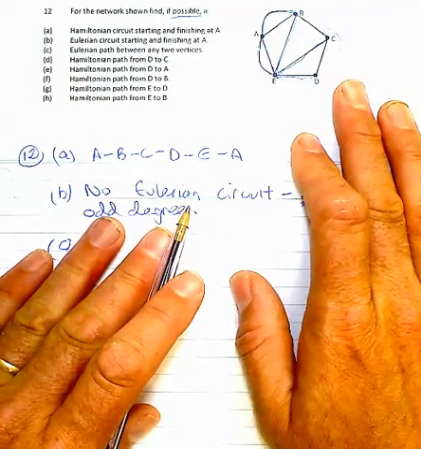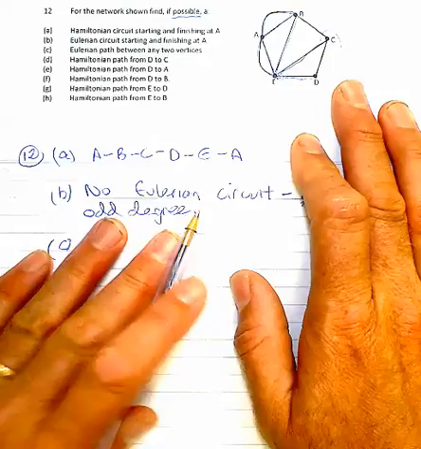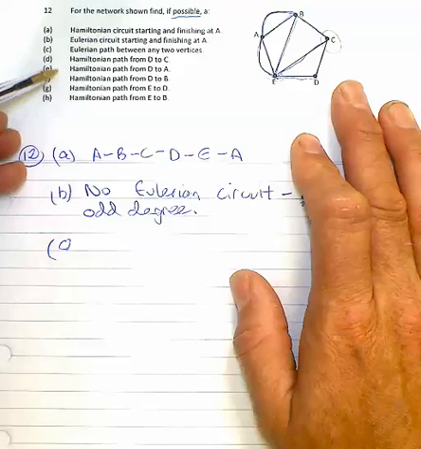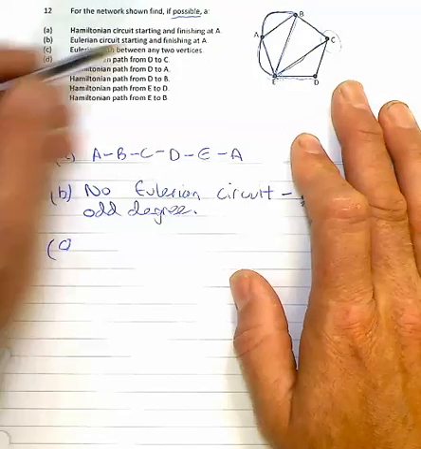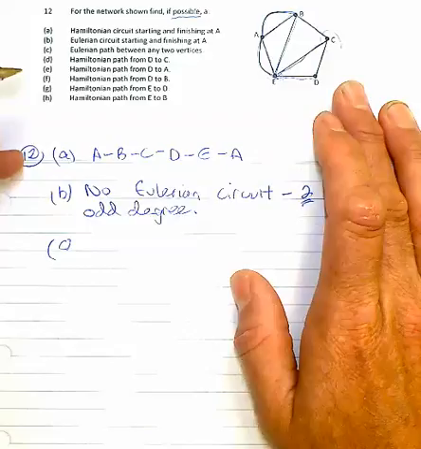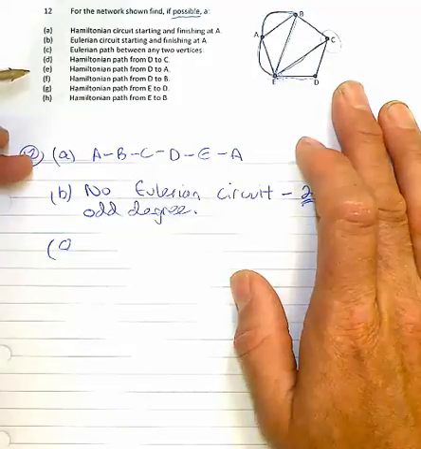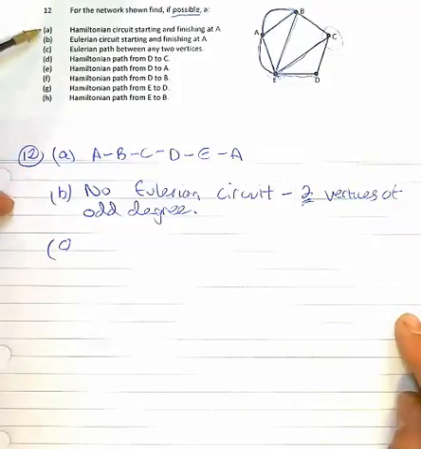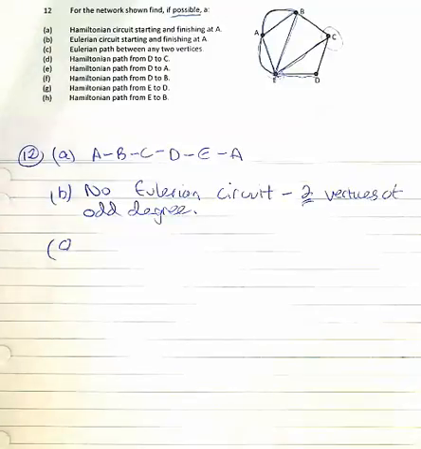I'll leave you to write a particular case. When it comes to the Hamiltonian path from D to C, there's quite a few variants there for you. And similar from D to A. I'll leave you to work on that, but a nice little distinction between Hamiltonian and Eulerian.